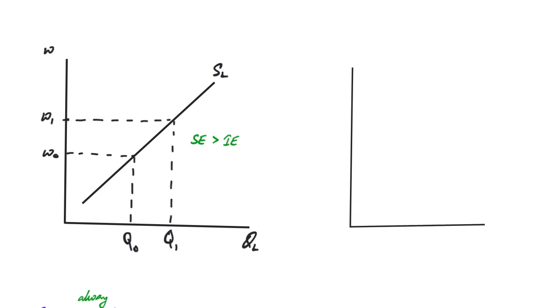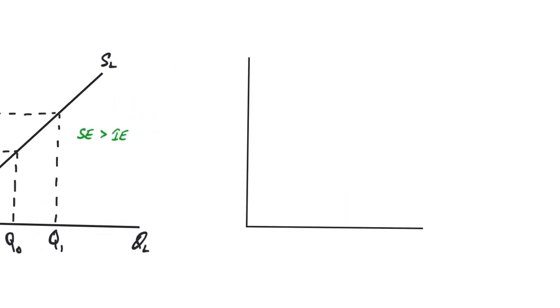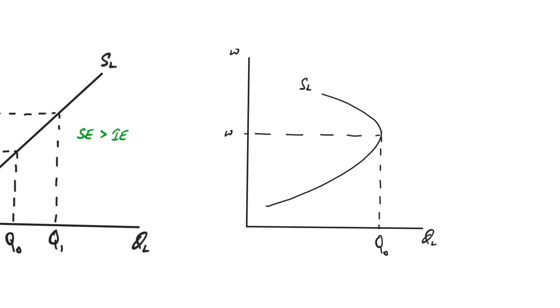That brings us to the second type of supply curve, which we have already dealt with, the backward bending supply curve. In this backward bending supply curve, what we said was happening is that when the wages were going up, the worker was substituting leisure hours for more work hours.